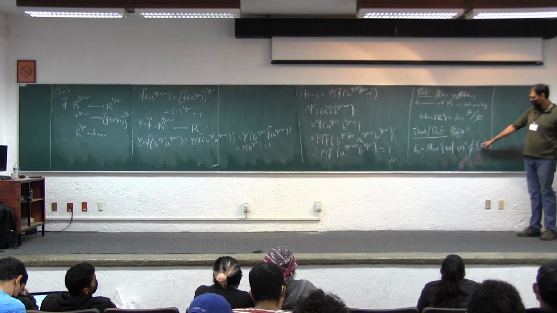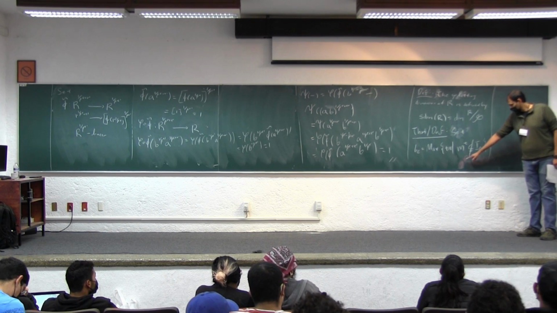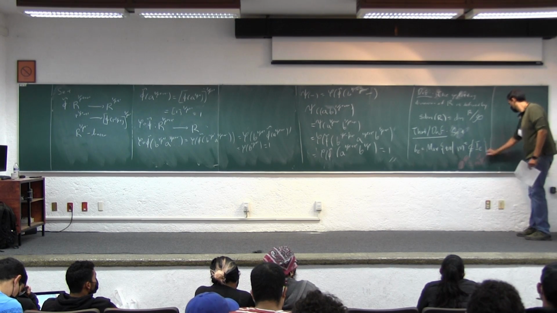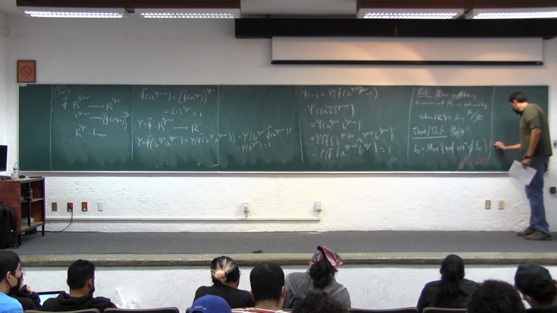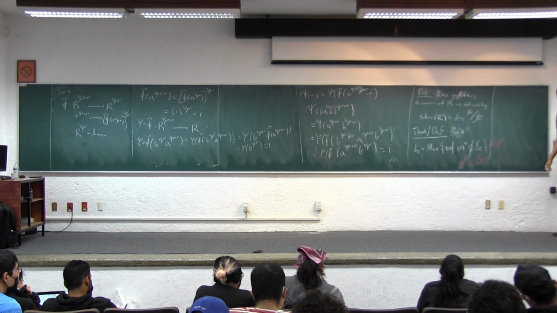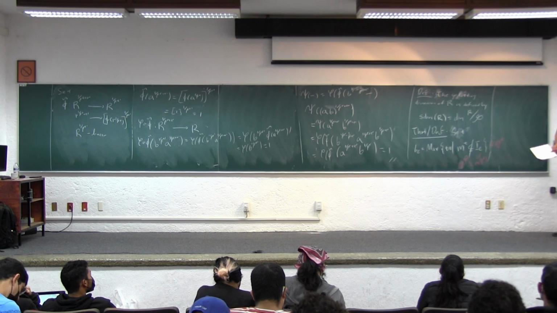So this number is at most the number of generators times P to the E minus 1. So this number is always smaller than mu P to the E. It makes sense to talk about the maximum. Okay?